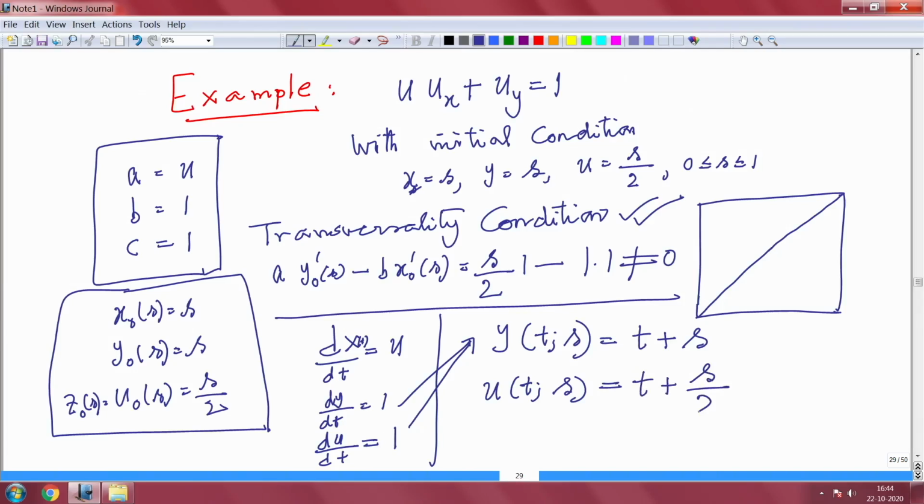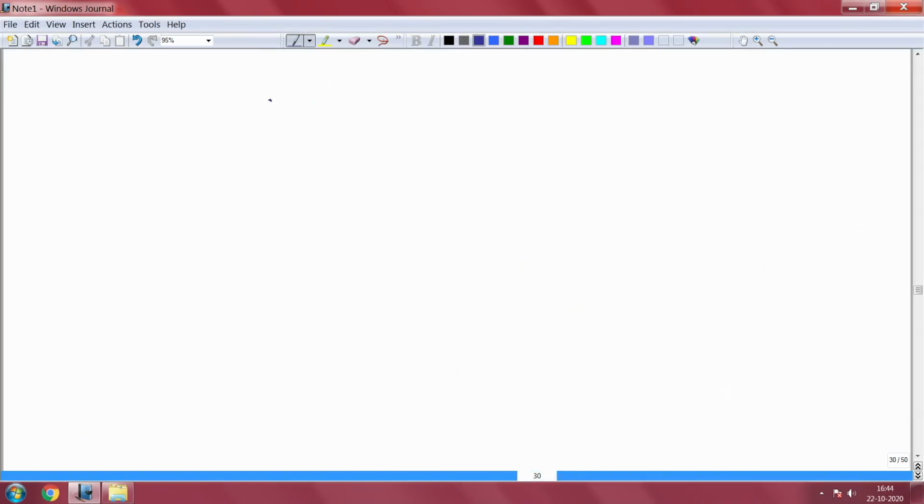So, you have to solve this equation now. Let us do it. So, you have dx(t) by dt equal to t plus s by 2, that implies x(t,s) is equal to, you integrate, that will give you t square by 2, this will give you st by 2.